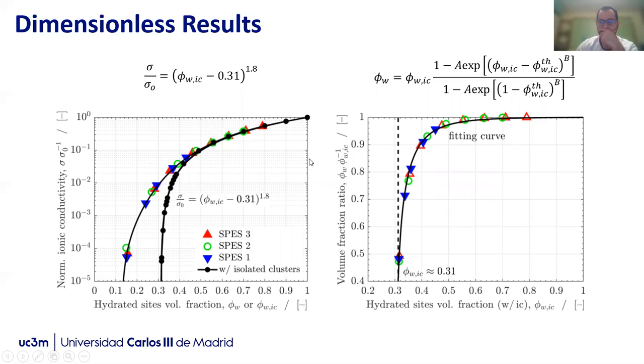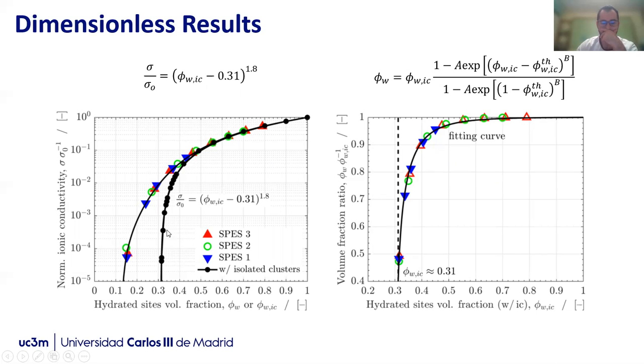What we do is this correlation is obtained by mapping. So if we are able to relate the fraction of hydrated sites of the network without isolated clusters with those of the network with isolated clusters, they are correlated through this correlation, according to our numerical results.